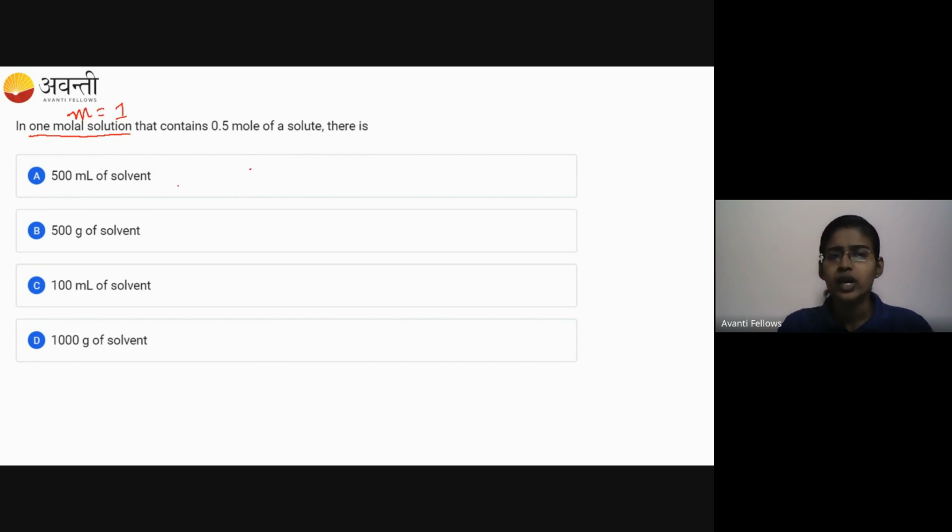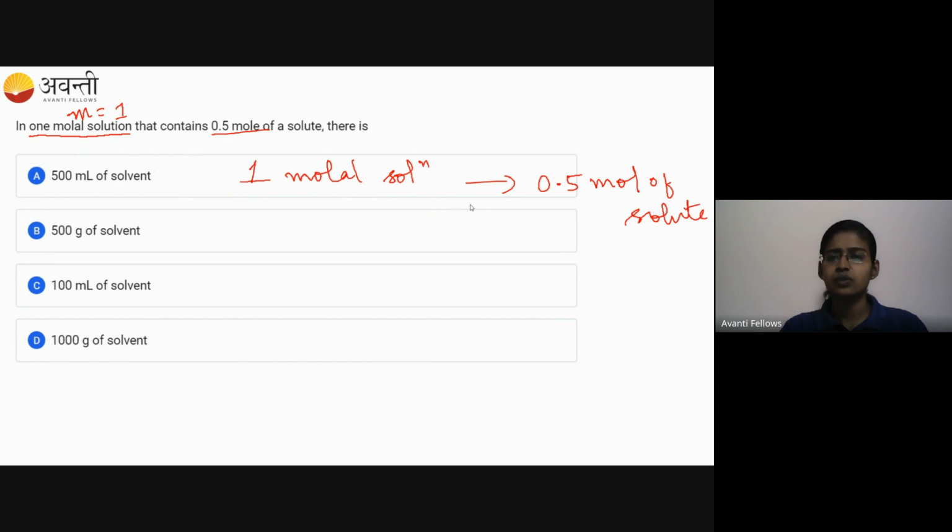Now, what is meant by 1 molar solution? 1 molar solution means that 0.5 mole of the solute is dissolved in 1 kilogram of solvent. That is the meaning.